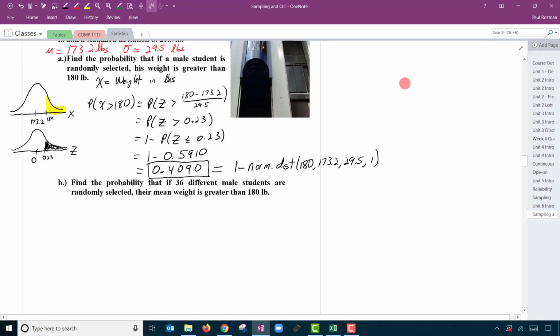The new version is, suppose I randomly pick 36 male students from campus. What's the probability that their mean weight is greater than 180? So now I'm talking about X bar.